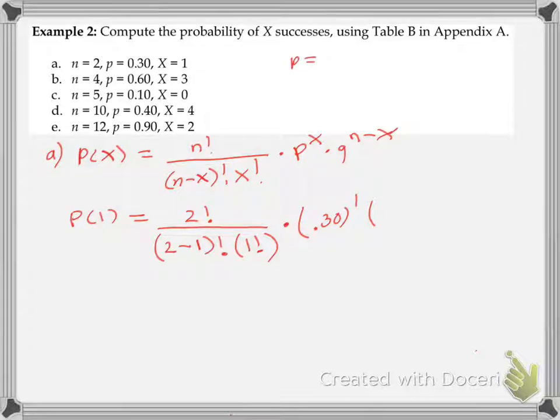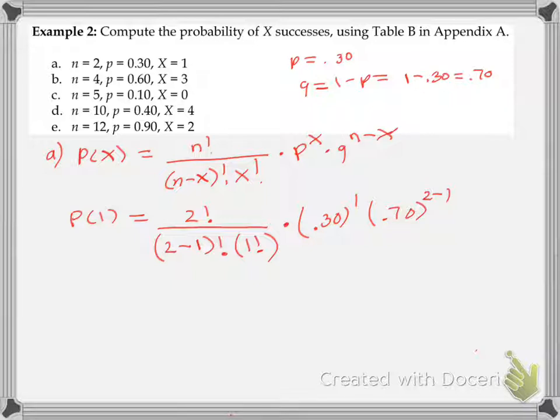If p is 0.30, q is 1 minus p, so that's 1 minus 0.30, which is 0.70. So times 0.70 to the first power. Let me make sure you're clear where I get the first power: n is 2, so it's 2 minus 1.